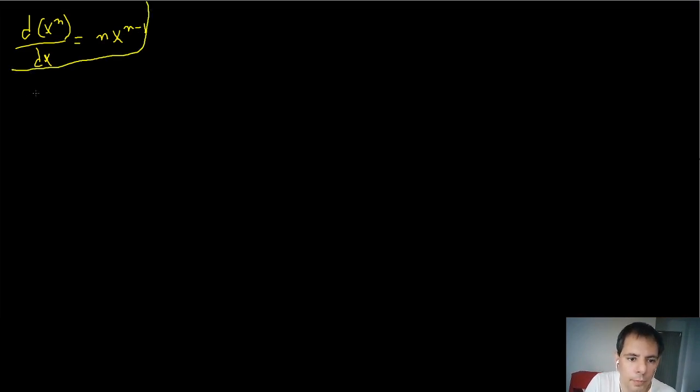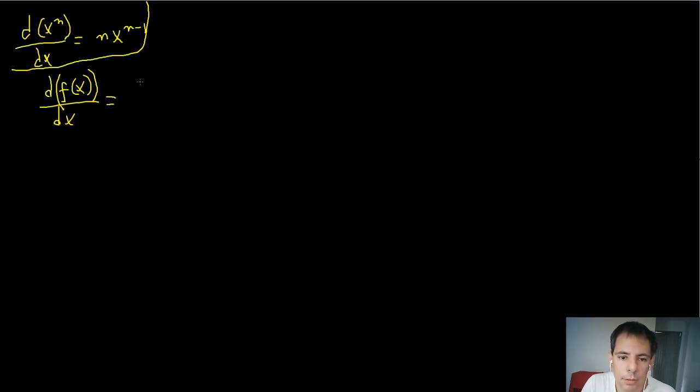So here we go. What is the derivative in the first place? The derivative of a function f of x with respect to x is very important. The variable of the differentiation is very important to be explicit, okay?